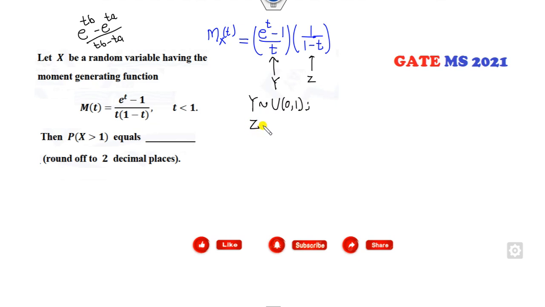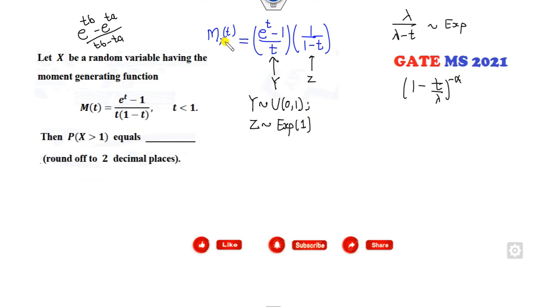Z will follow which distribution? This is the exponential distribution, or otherwise you can see it as t over lambda raised to the power minus alpha, where alpha will be 1. That is the exponential distribution, so Z follows my exponential distribution.